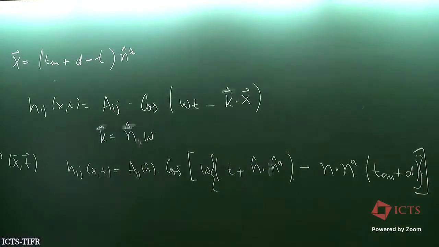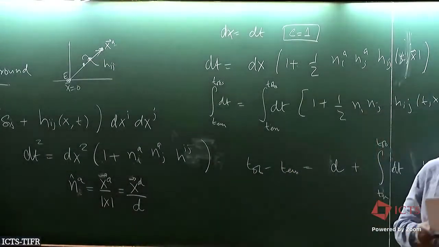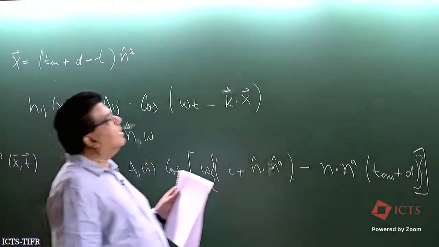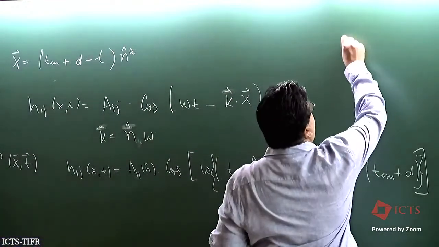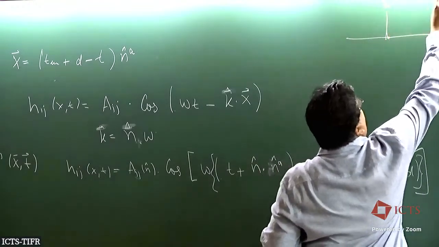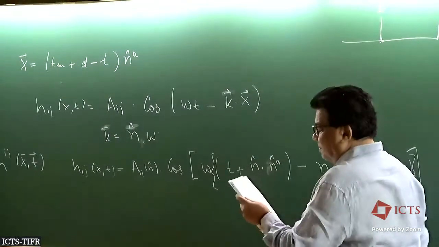All right. So what are we looking for now? What we have to do is substitute this waveform here and calculate the observation time, taking the emission time to the other side. So what we need is the following. Let me call it the first pulse, the first signal and the second signal.